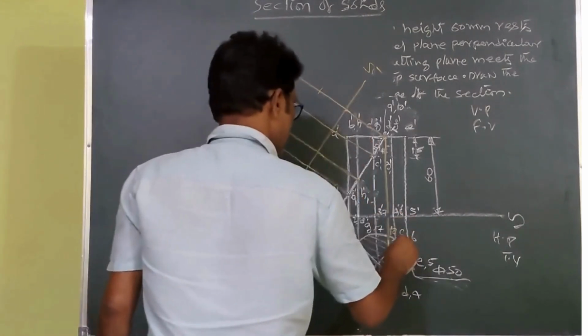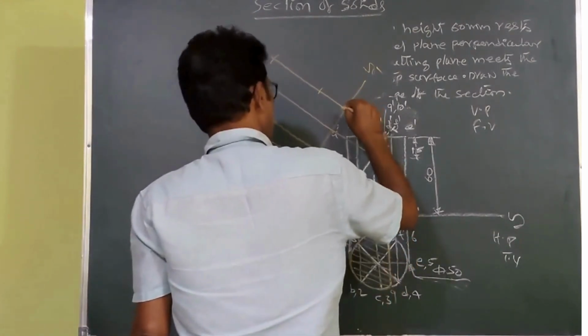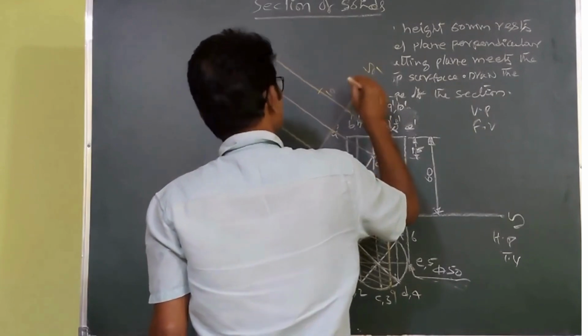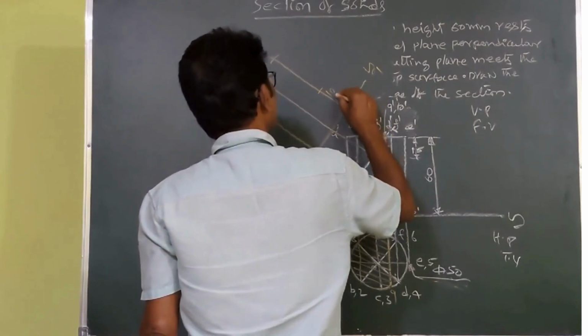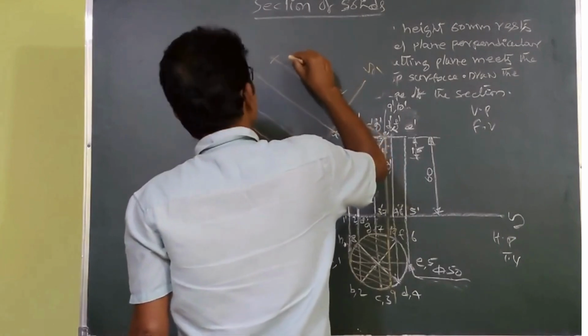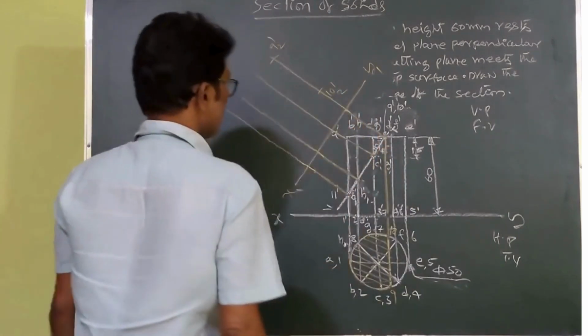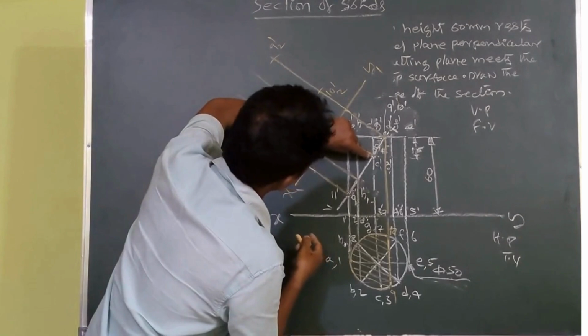So let us say that this is 10 2 dash, and this is 9 2 dash. Next you see here, this is the C1 dash.